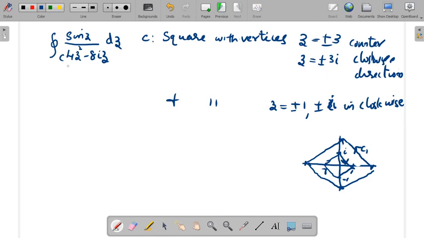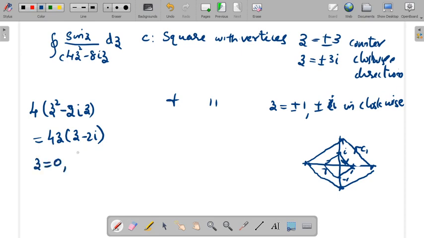So as in the previous case, we check for the zeros of the denominator. So we have function as 4 into z squared minus 2iz, or this is equal to 4z into (z minus 2i). So the zeros are z equal to 0, z equal to 2i.